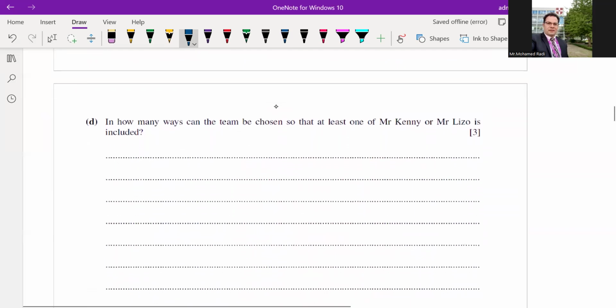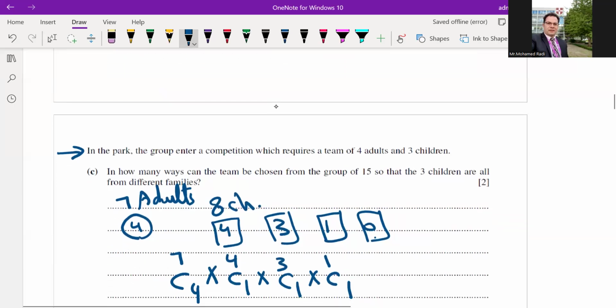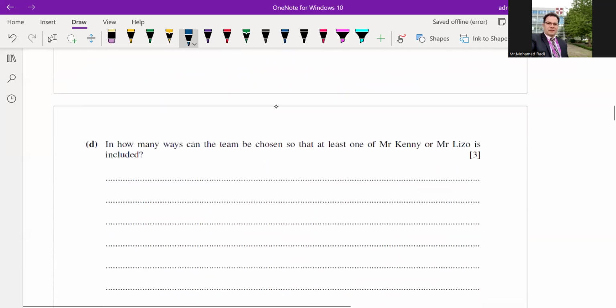Part D, in how many ways can the team be chosen? Still we'll select 4 adults and 3 children from the group. In how many ways can the team be chosen so that at least one of Mr. Kenny or Mr. Lizo is included?